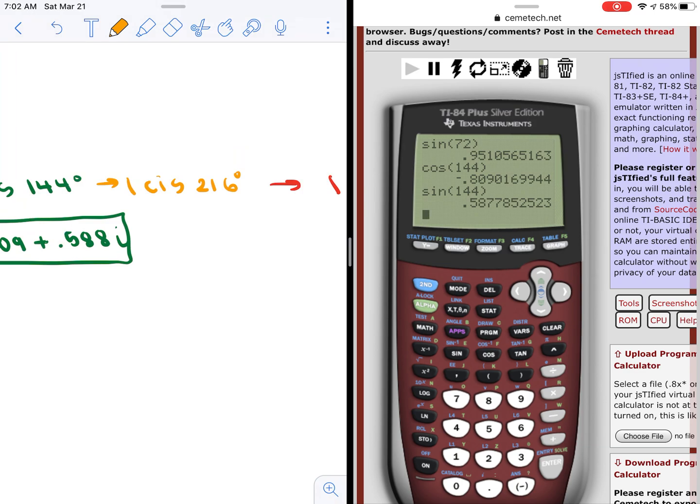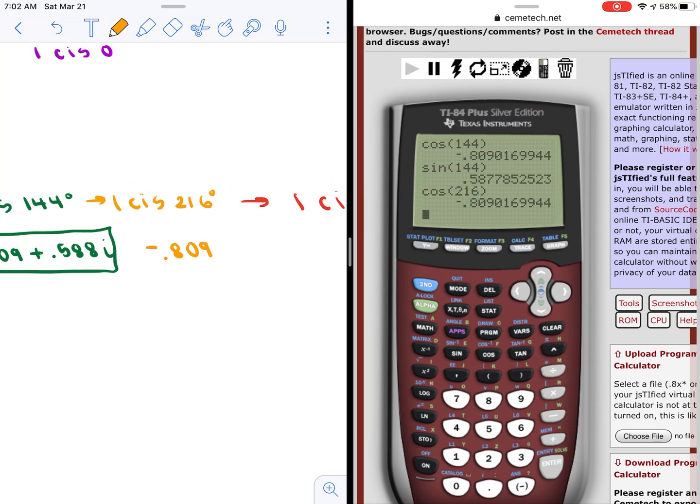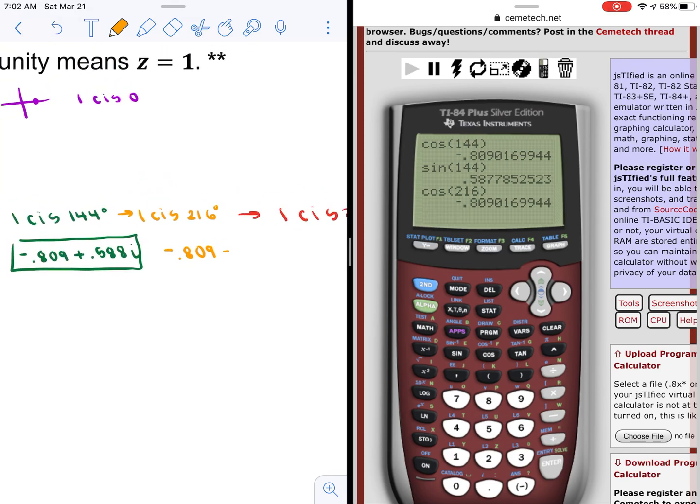So cosine of 216 is negative 0.809. Ooh, we're seeing some symmetry there with the other answer. And then we're going to have the sine of 216, so negative 0.588i.